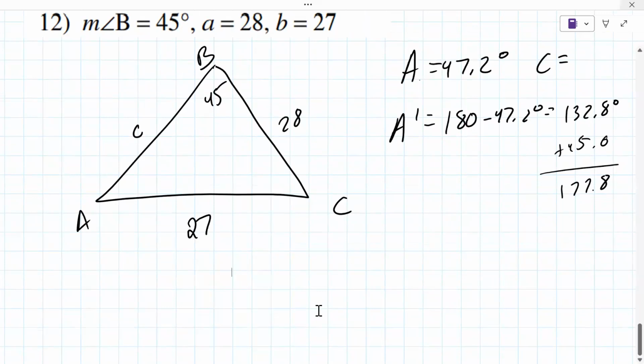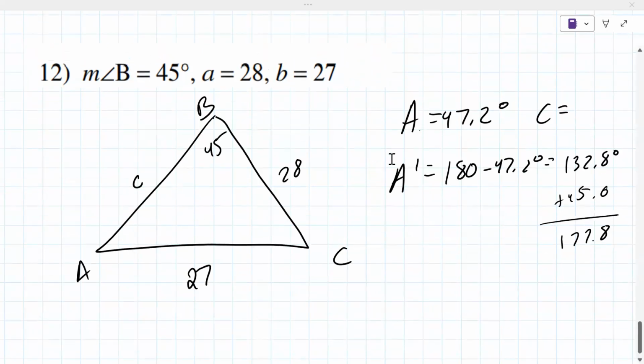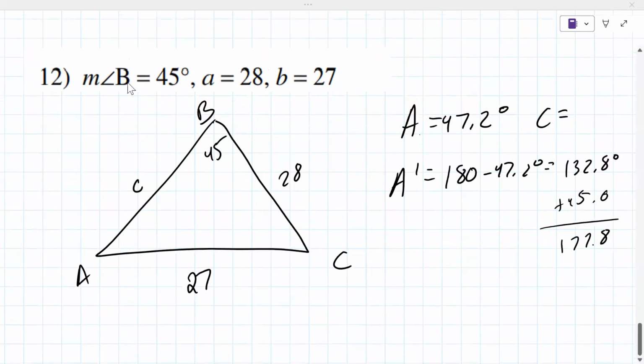Can you get me the third angle C in this original case? Well, if A is 47.2 and B is 45, how do you find the third angle? Well, they all add up to 180.